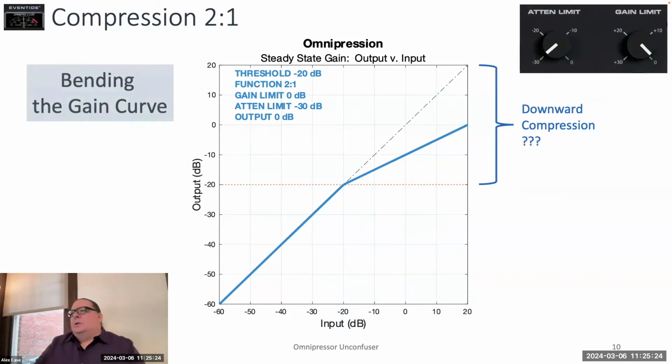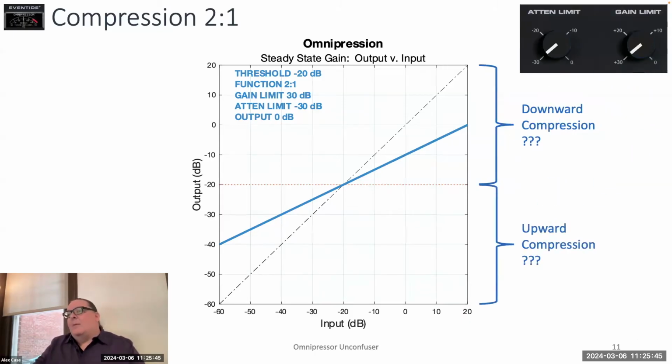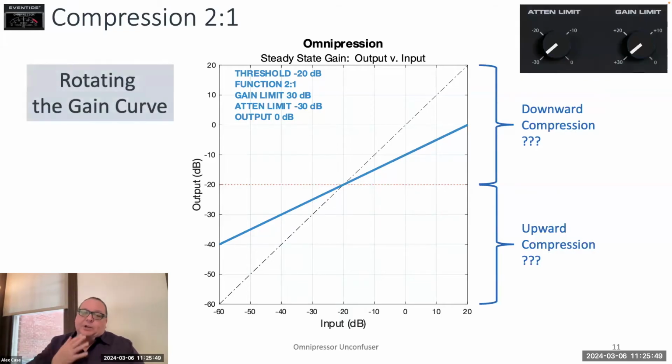But if you don't want to bend the gain curve and say, wait, can I allow gain to happen? Why would a compressor ever turn things up? Well, it needs to compress the dynamic range on output. So it will turn things up when they're below threshold. So you essentially have something called downward compression or something like that. And then below threshold, you have an upward kind of compression. Again, it's rotating the gain curve.